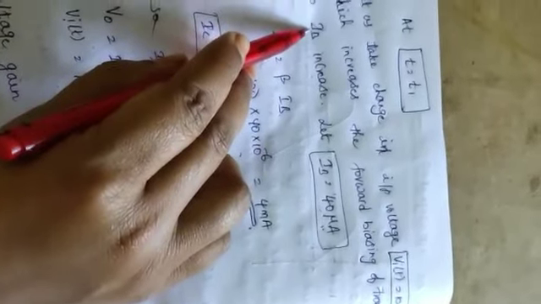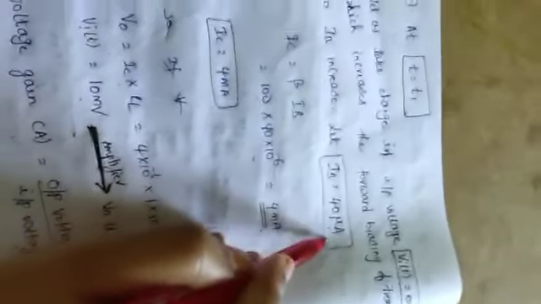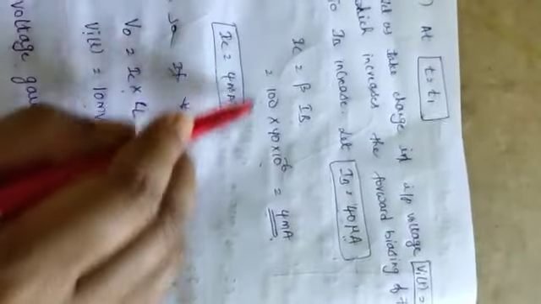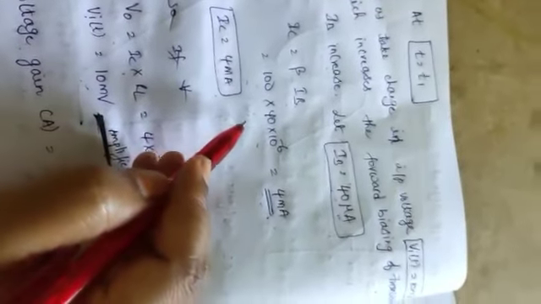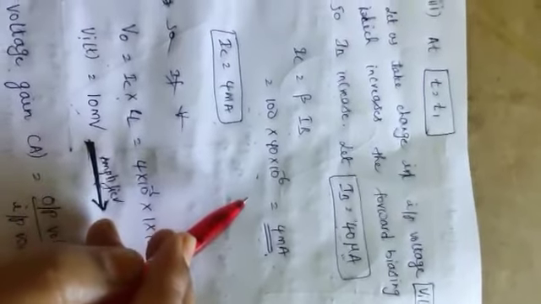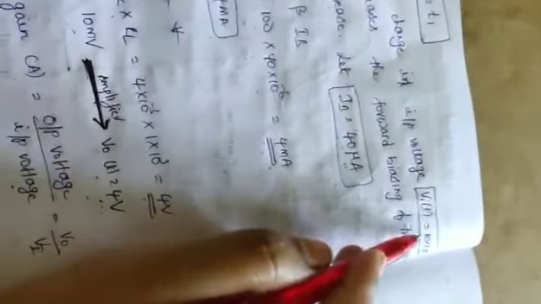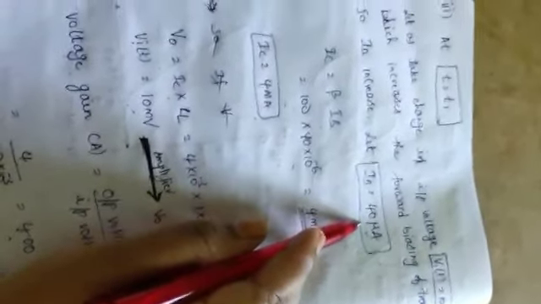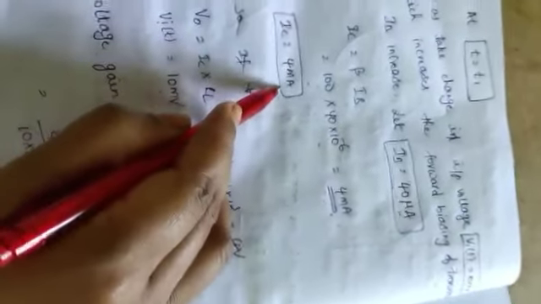Now the base current is increased to 40 microamperes, so that collector current IC equals 4 milliamperes. So at t equal to 0, my base current is 20 microamperes and collector current IC equals 2 milliamperes. When the input voltage is 10 millivolts, my base current is 40 microamperes and IC equals 4 milliamperes.